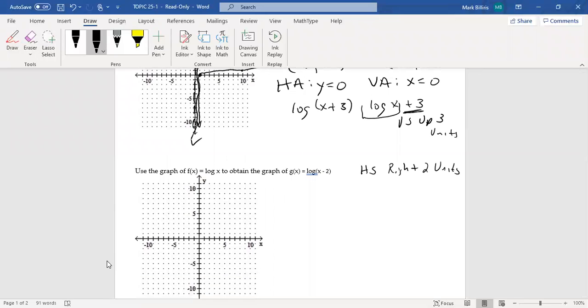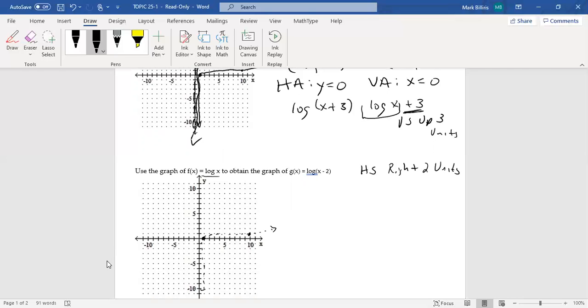As if we're graphing just the log of x, we know it goes through the point (1, 0) and the point (10, 1). And we can find other points as well. But using these 2 points as a reference, because we do know the general shape of our graph, what's going to happen is our graph is going to shift to the right 2 units.